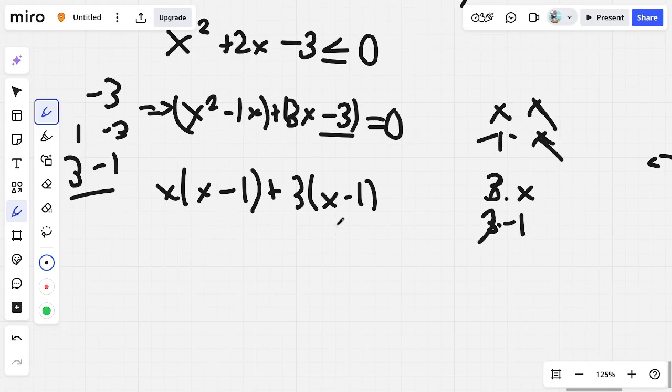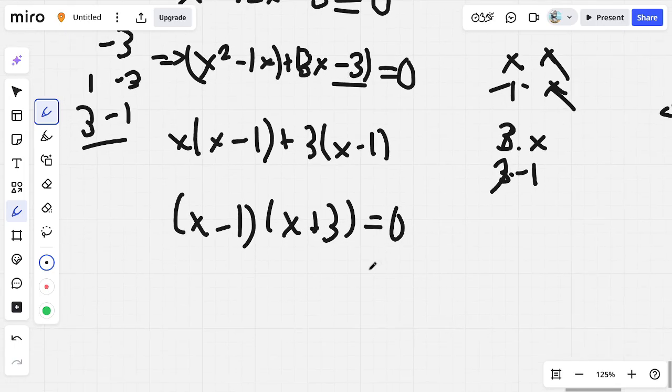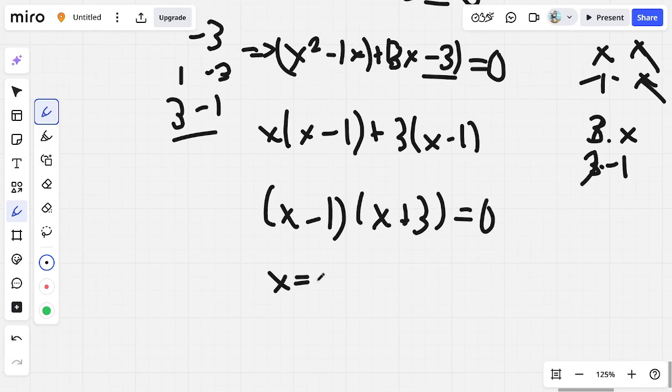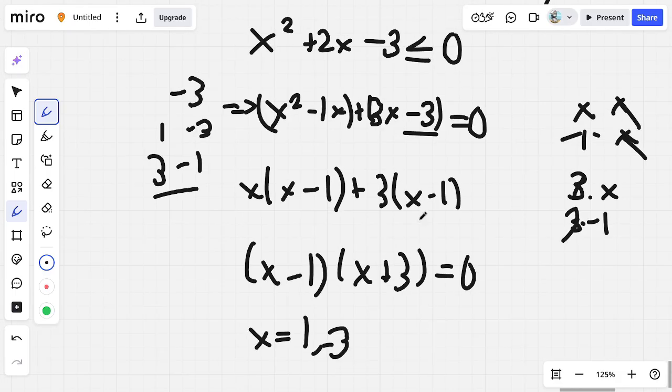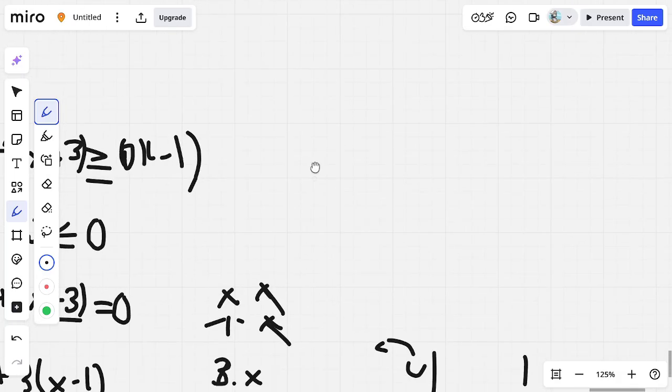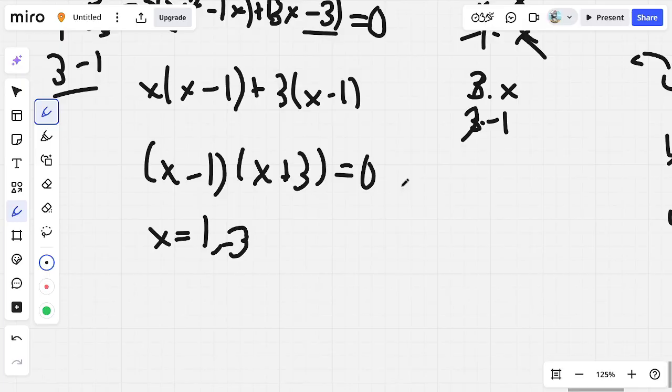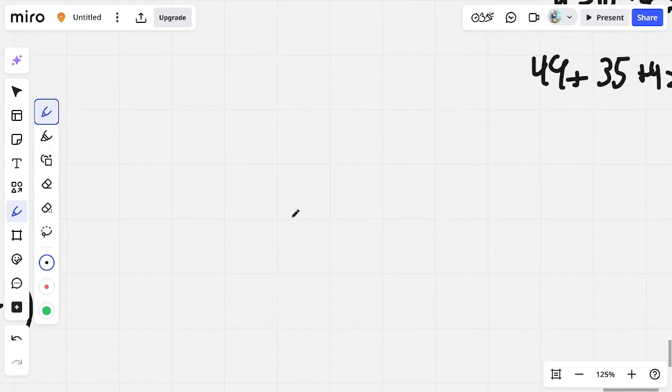Anyways, you have a common binomial now, so x minus 1 times x plus 3 is equal to 0. So our values are 1 and negative 3. Now that we have the roots, we can make the test intervals.